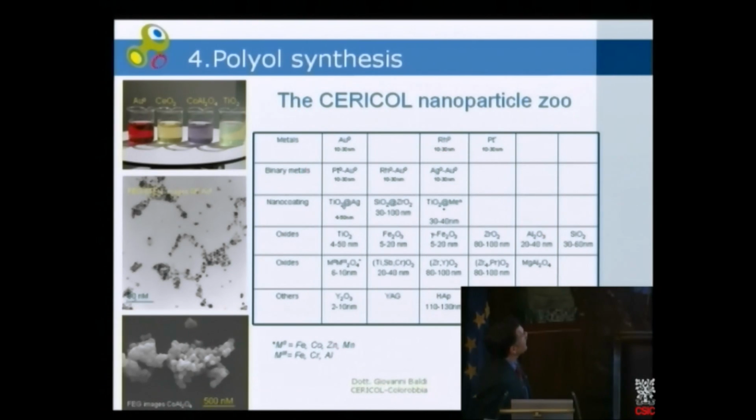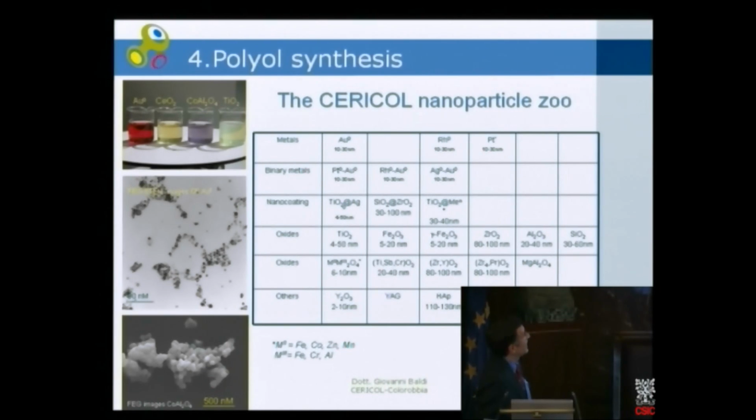Nano coatings, for example, we obtained silver shell on titanium dioxide core, or silica zirconia particles, and so on.